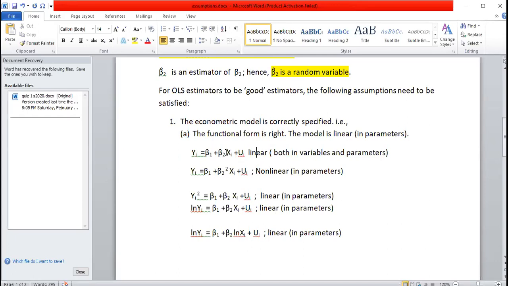From now on, we will start doing the software, and then it will be more important for us to interpret than to derive. So how do you interpret beta 2 here in this model?